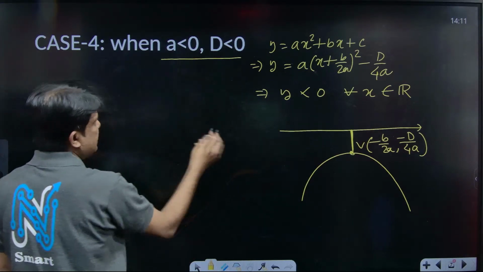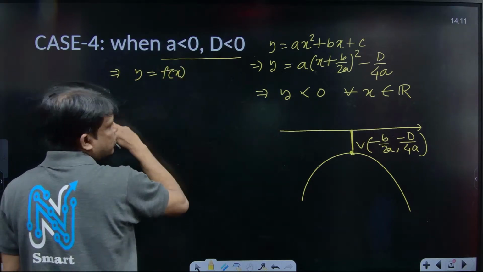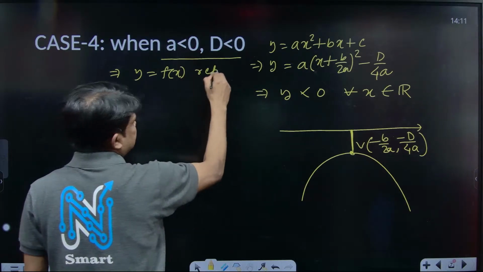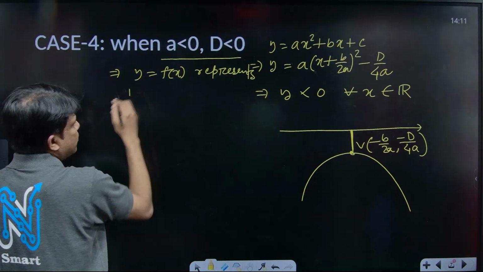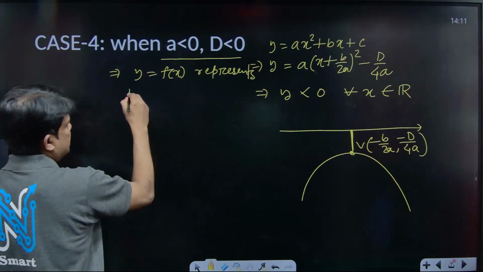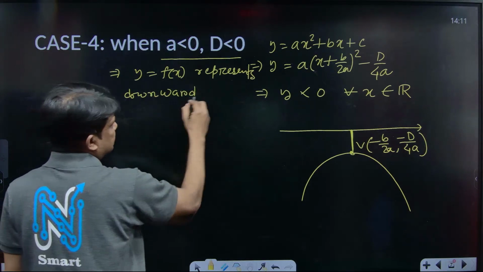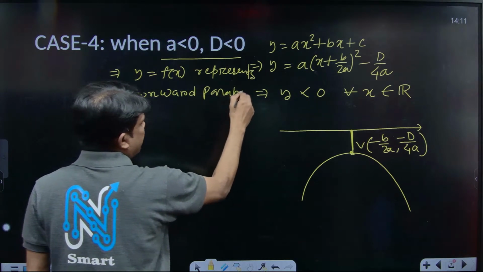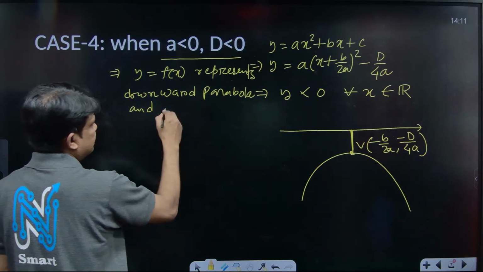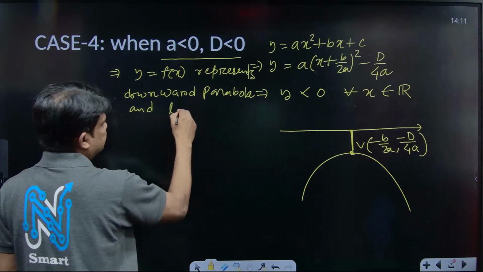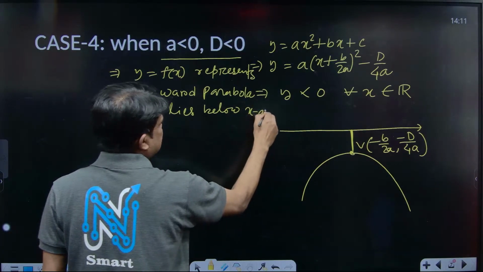So when a is negative, y equal to f(x) represents a downward parabola and the vertex lies below the x axis.